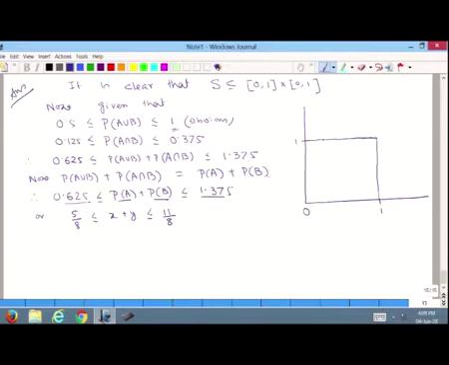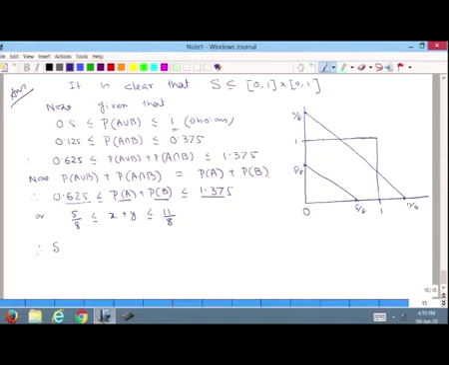Therefore, suppose this is 5/8 and this is 5/8, let us draw the line. Also, suppose this is 11/8 and this is 11/8, and let us draw the line.